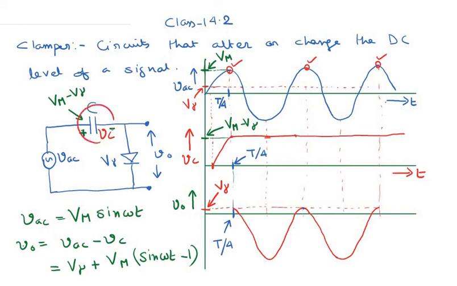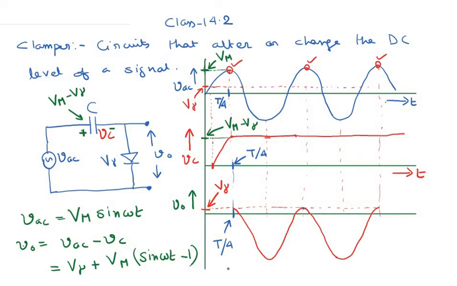This capacitor acts as a battery once the voltage across it is constant, so it provides a constant voltage and shifts the DC level of the signal. The amount by which the DC level is shifted is equal to the voltage that develops across this capacitor. So in this circuit, since the voltage across the capacitor is Vm minus V gamma, the DC level of the signal has also changed by an amount Vm minus V gamma.